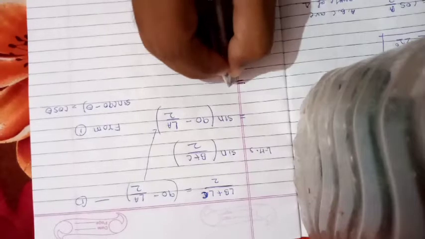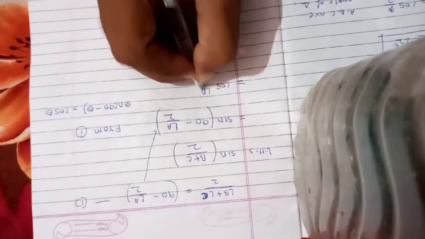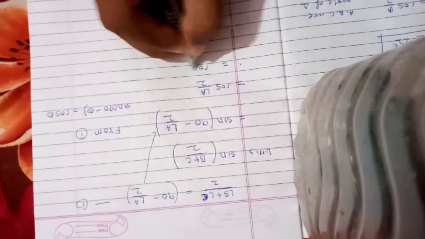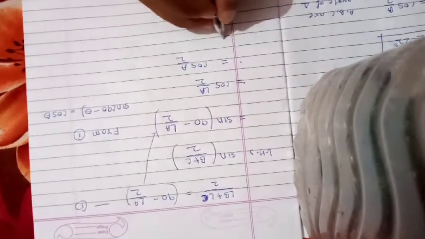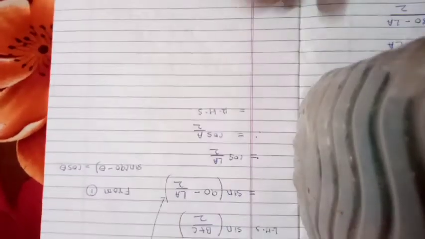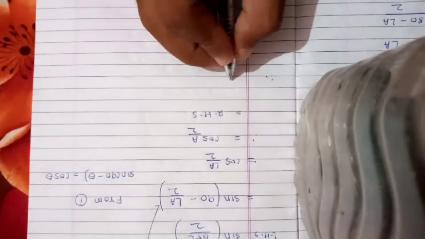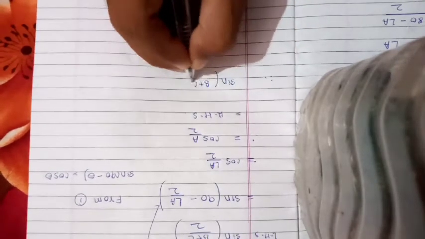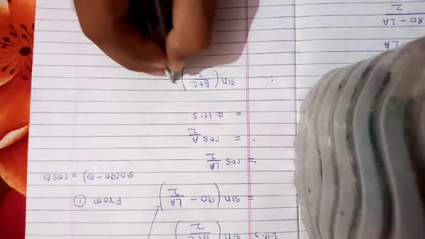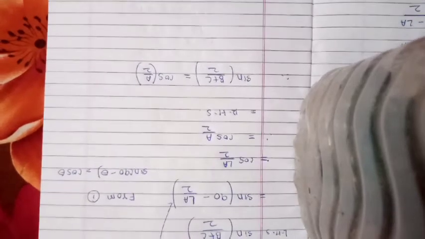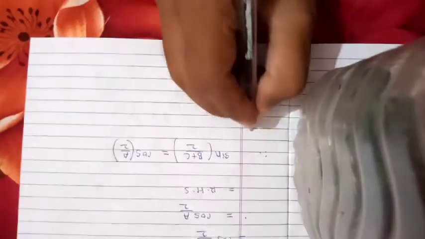So this will become cos of angle A by 2, which is equal to RHS. Therefore sine of (B plus C) by 2 is equal to cos of A by 2.